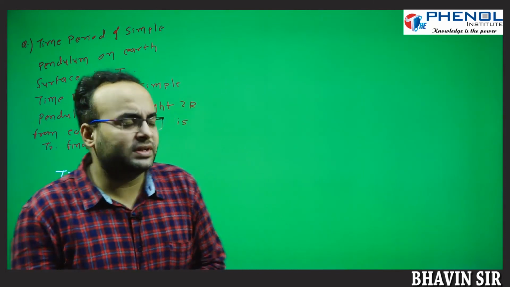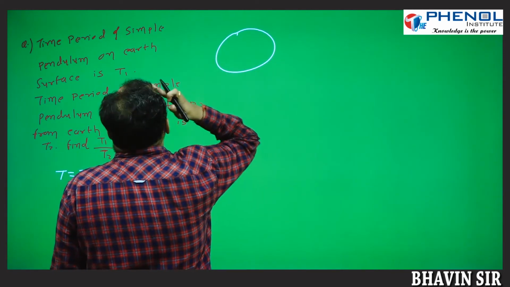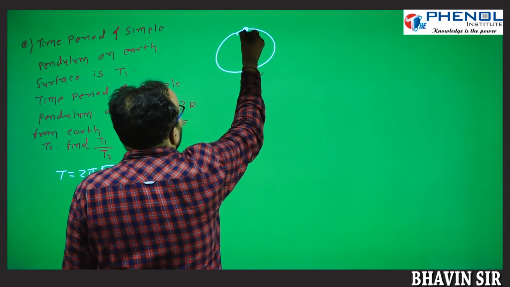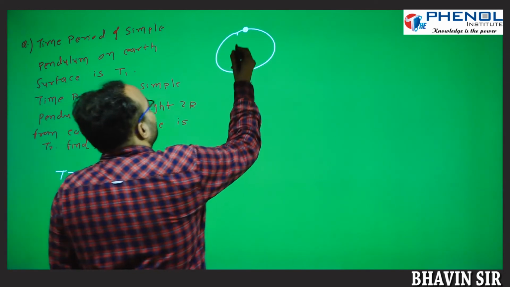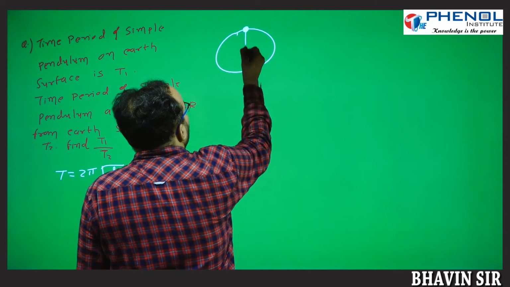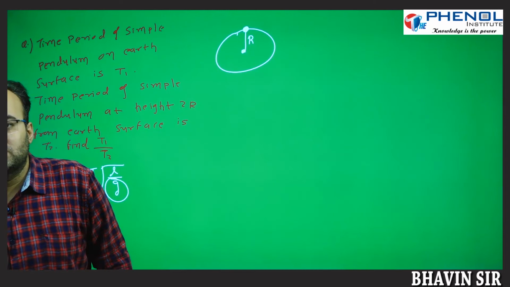Chalo. So in the first case, time period of simple pendulum on earth surface. So first this is at what? Earth surface. Chalo. So always distances are measured from the surface. So what is the distance? R. Right?